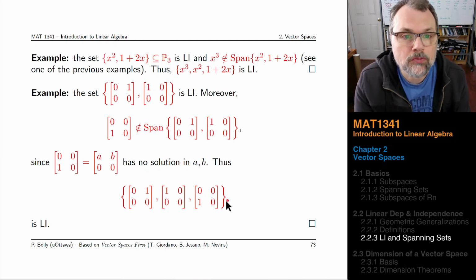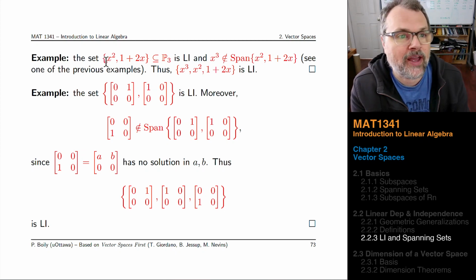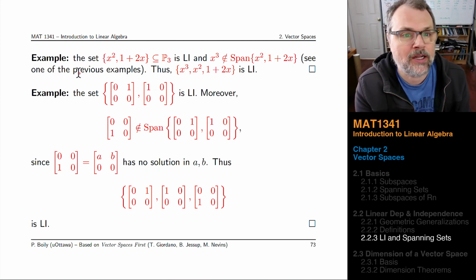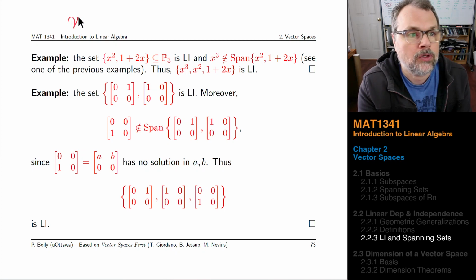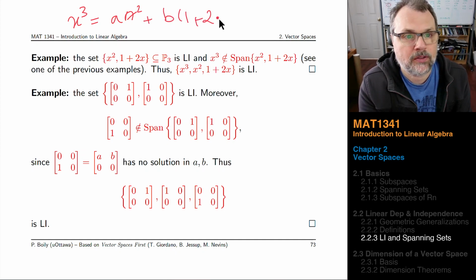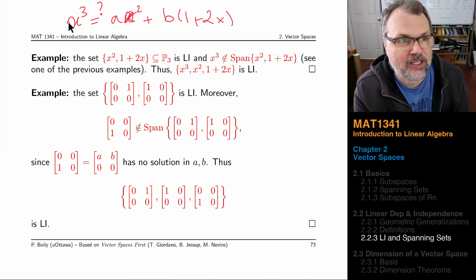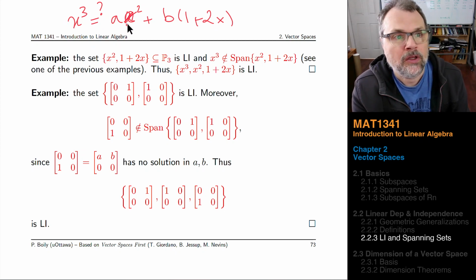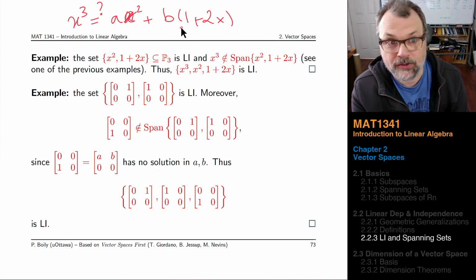Well, x cubed is not in the span of x squared and 1 plus 2x. I cannot write x cubed as a times x squared plus b times 1 plus 2x. That is not something that can be done, because in order for this linear combination to give me an x cubed, all of the square terms and the constant terms would have to go to 0.